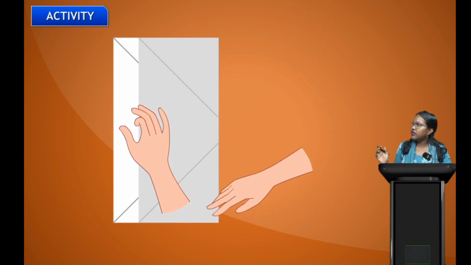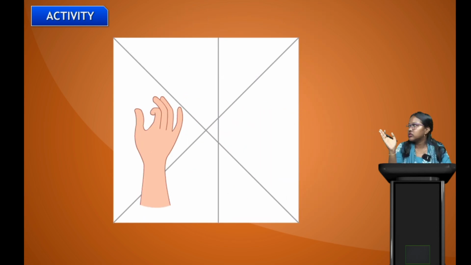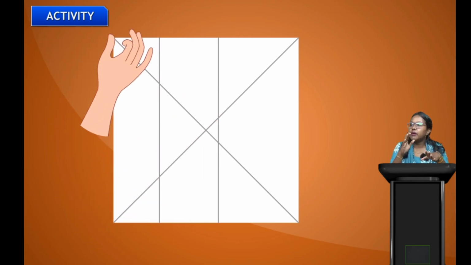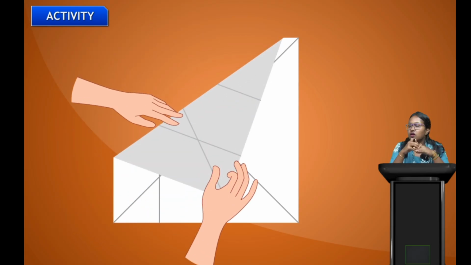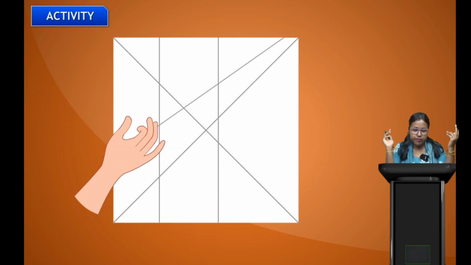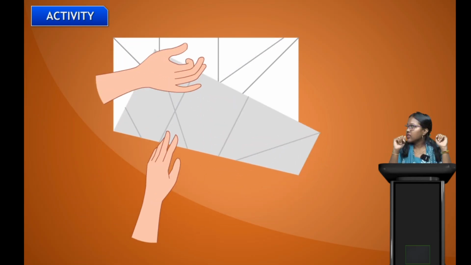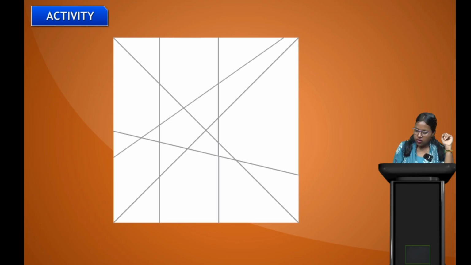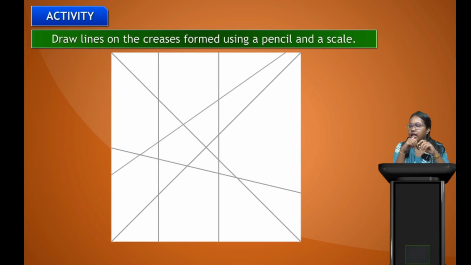If you fold the paper in different ways without any pattern, sometimes from this side, sometimes from that side, folding the paper in different directions, then after the folding, what does madam tell us to do? Draw lines on the creases formed using a pencil and a scale.